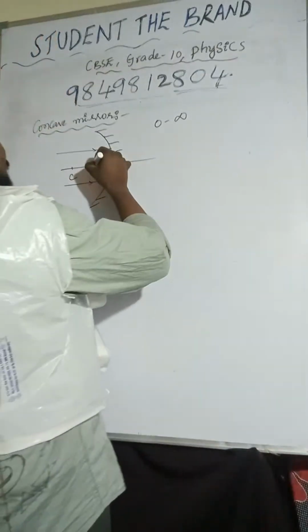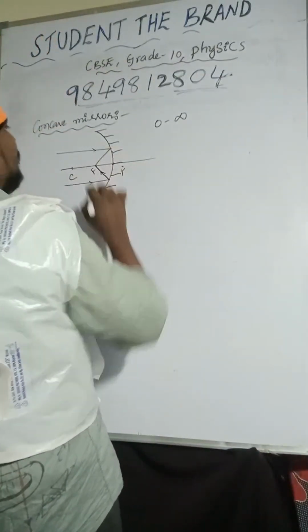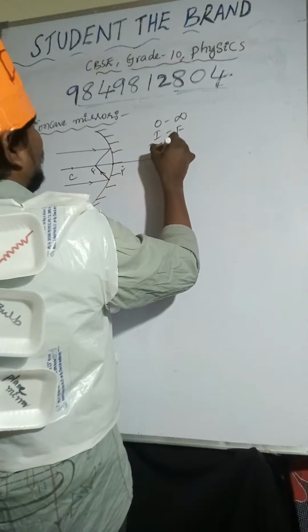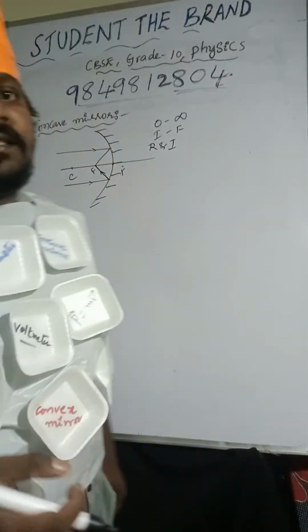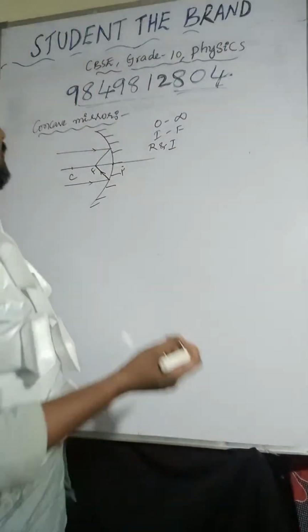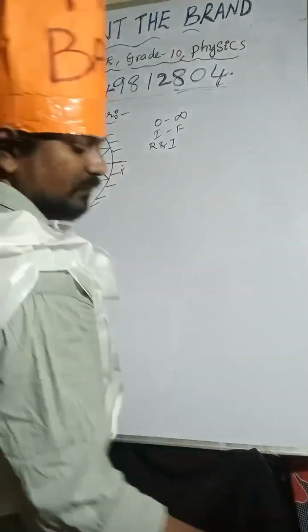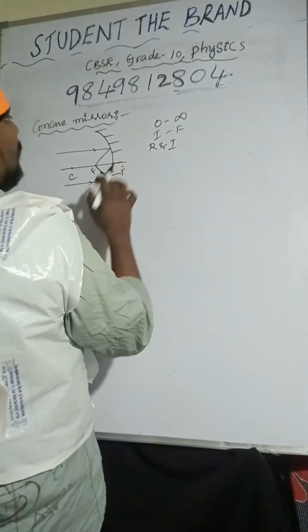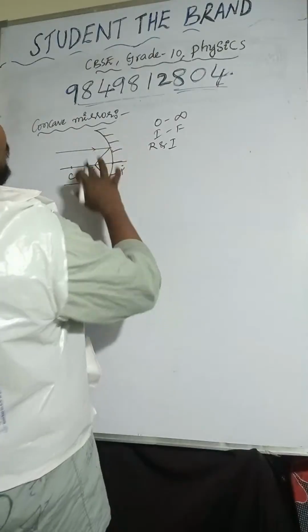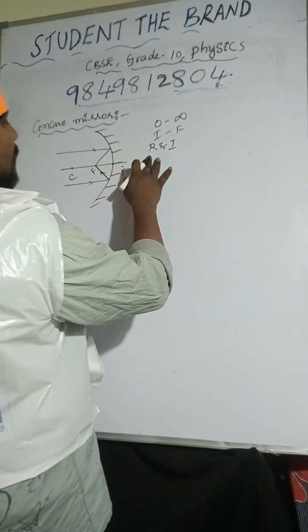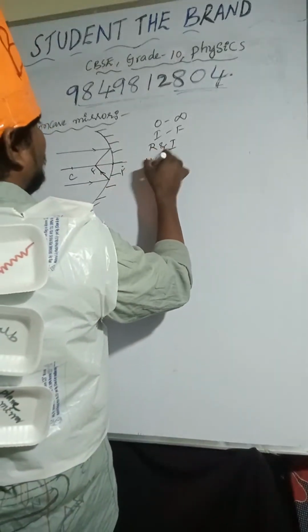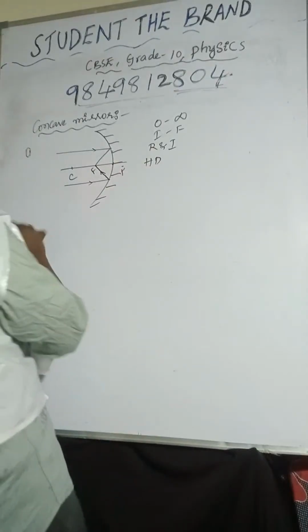Like this, at F. So image is formed at F. Nature of the image is real and inverted, and size of the image is highly diminished. Highly diminished. So that was the first one. Coming to the second one.